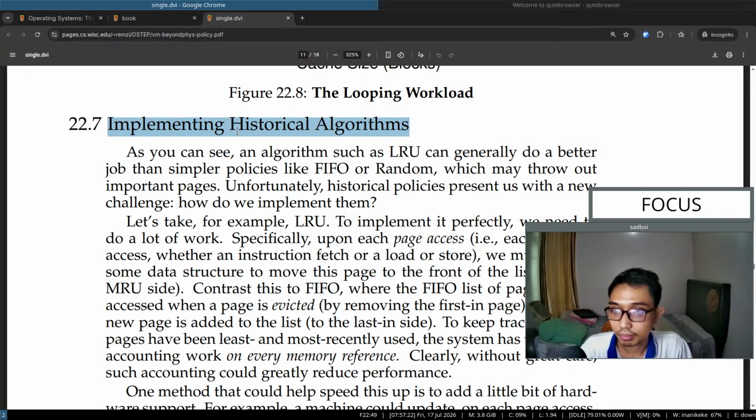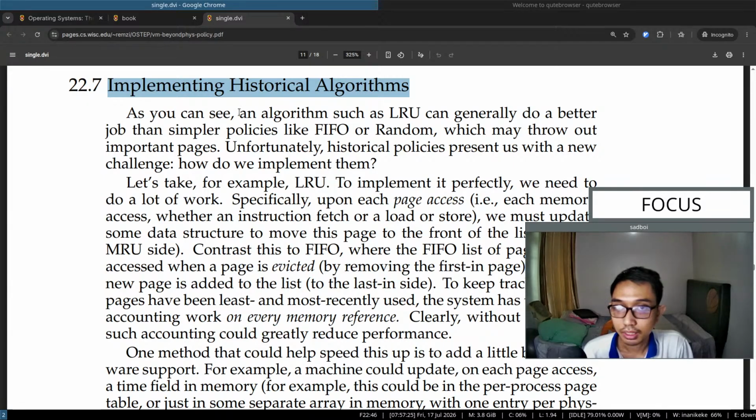Implementing historical algorithms. As you can see, an algorithm such as least recently used can generally do a better job than simpler policies like first in, first out or random, which may throw out important pages.